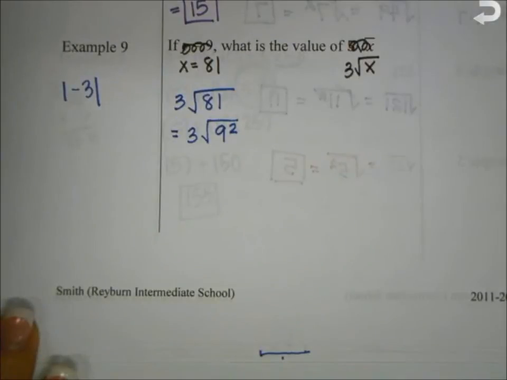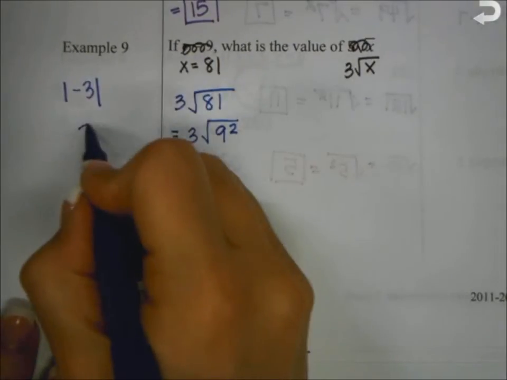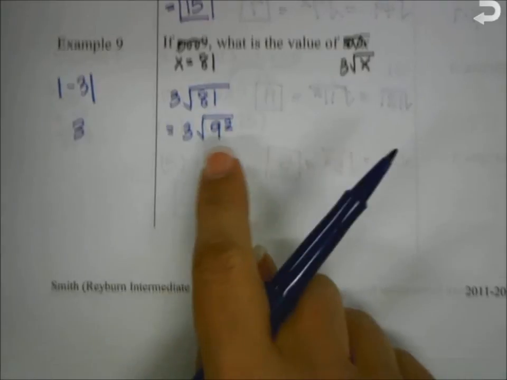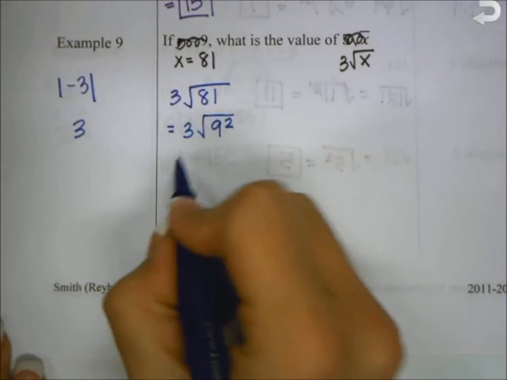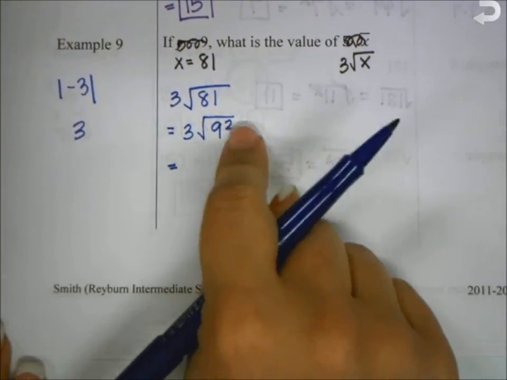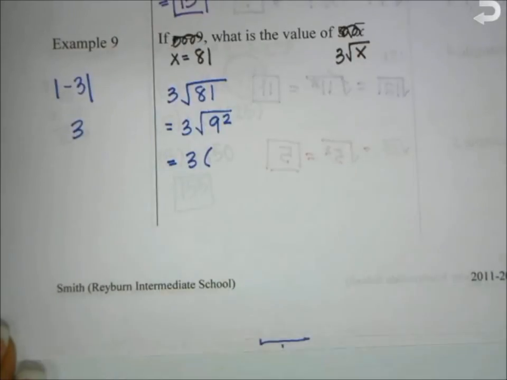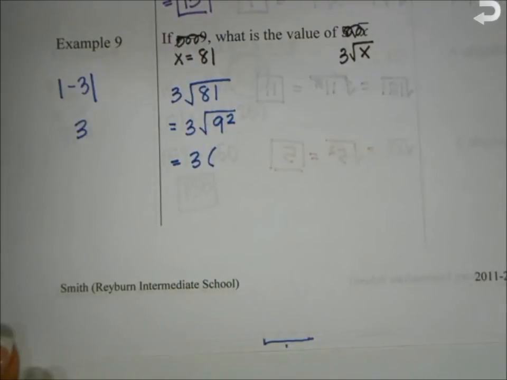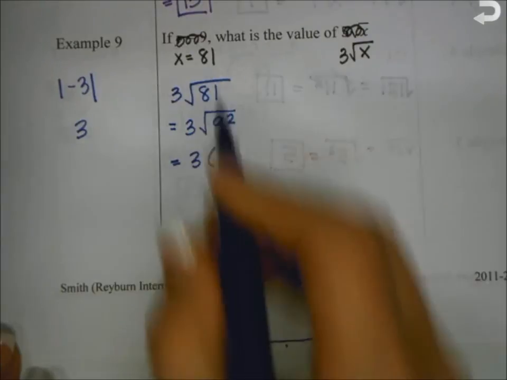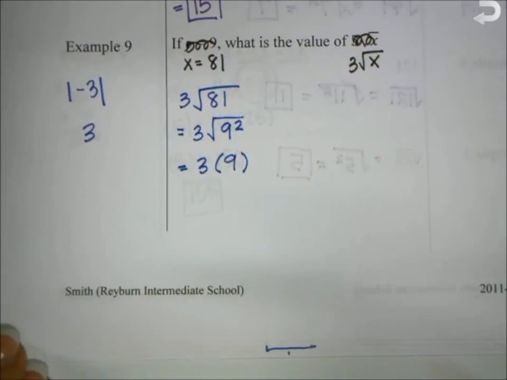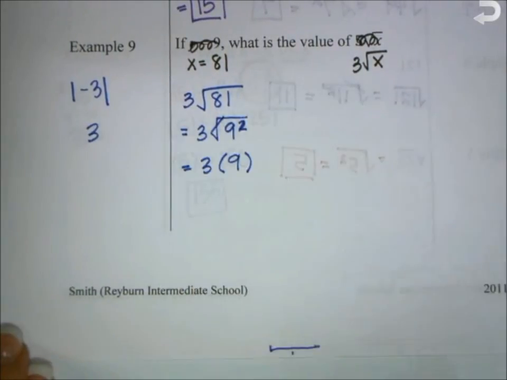So I have the square root of 9 squared. So that's 3 times, what's the square root of 9 squared? 9. So I took the square root and it goes away. These guys cancel each other out. And so my answer is going to be 3 times 9, which is? 27. Good, 27. So my answer is 27.